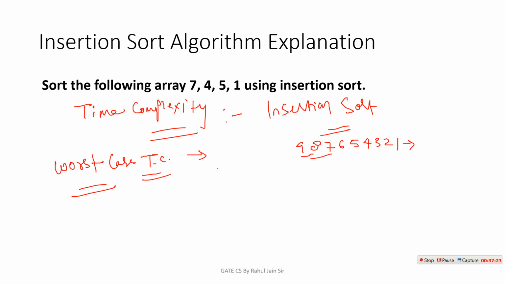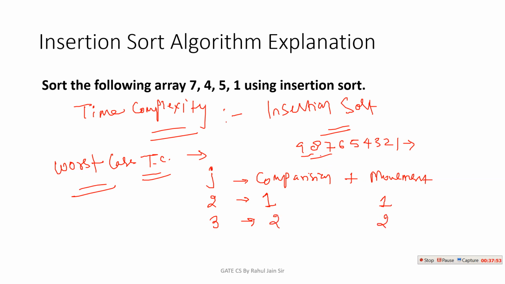For example, the value of j initially was 2, so in that case comparison would require 1, and one movement would be required. If we represent j as 3 at indexing 3, then 2 comparisons and 2 movements would be required in the worst case, right?